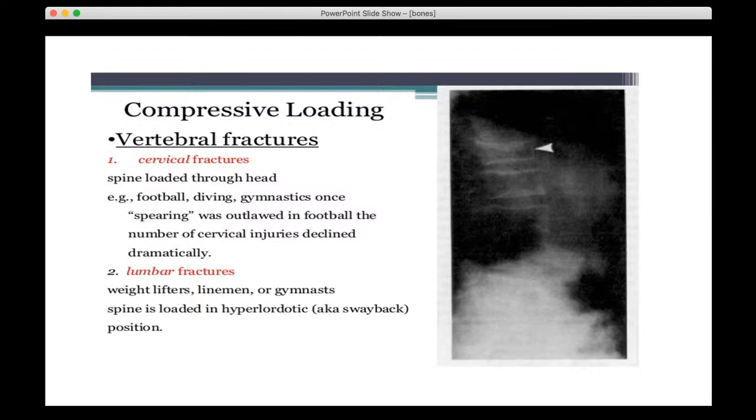Cervical fractures are basically the spine loaded through the head, in games like football, diving, gymnastics. These are the main games where you will find these kinds of injuries. The second is lumbar fractures, which are mainly common in weightlifters or gymnasts. These are the two main kinds of fractures in this category.